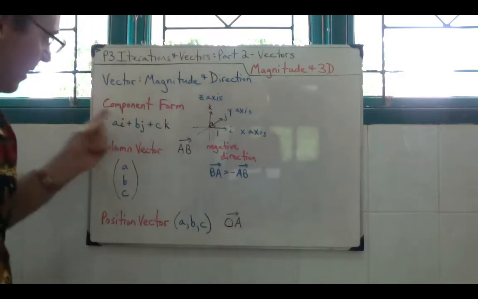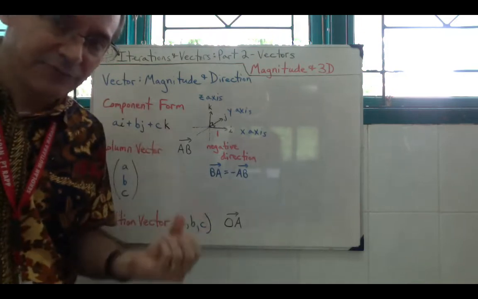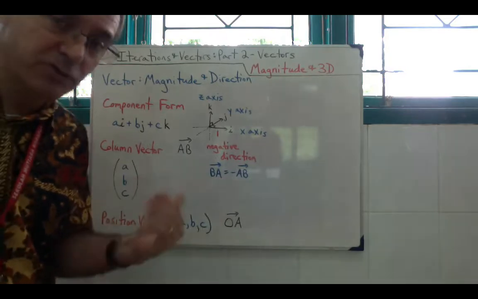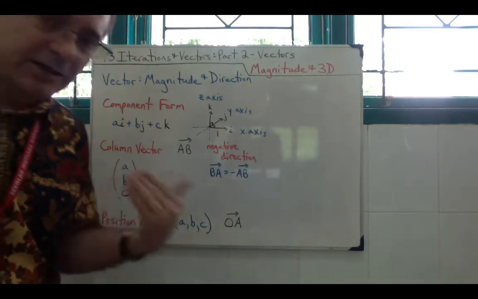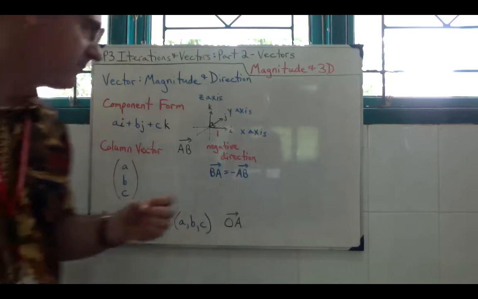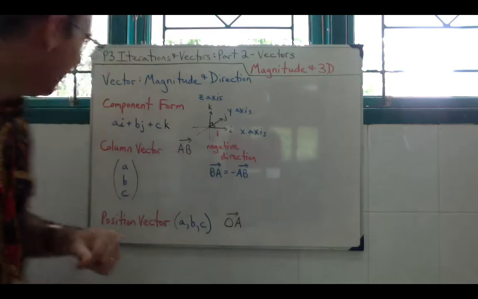So let's first look at how to notate a vector. Now, maybe in IGCSE, you're a little bit more familiar with two-dimensional vectors. Now you've got to get used to three-dimensional vectors. And so instead of just an X and Y axis, you now have an X, Y, and Z axis.